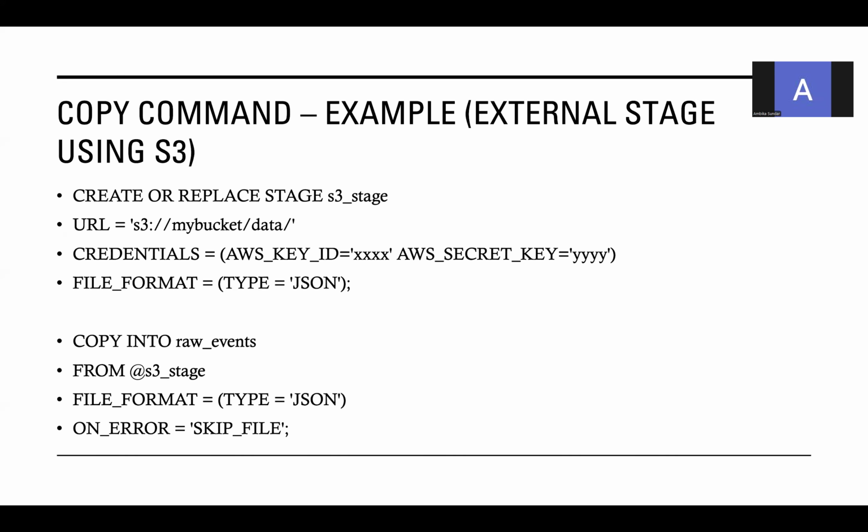Now coming to the copy into command: copy into this table from @external stage, file format type is JSON, on error is equal to skip file. If there is any error, it is not going to allow you to continue, it is going to skip the file.